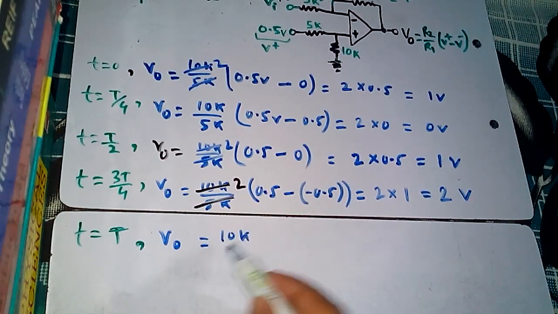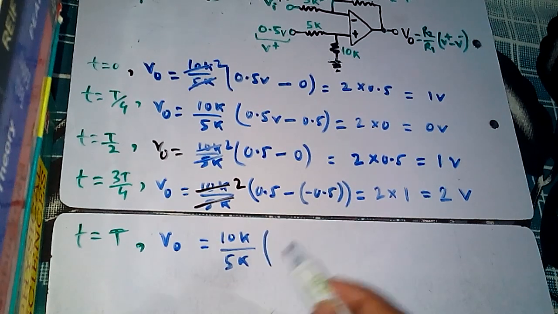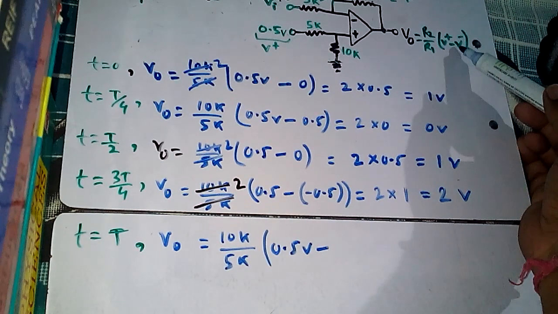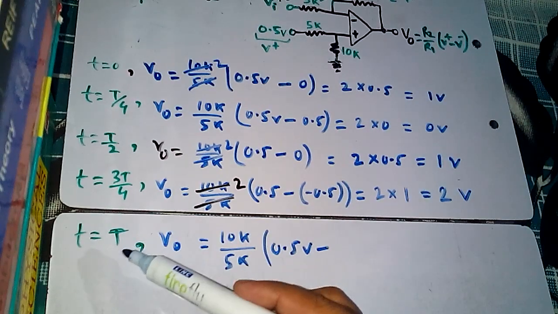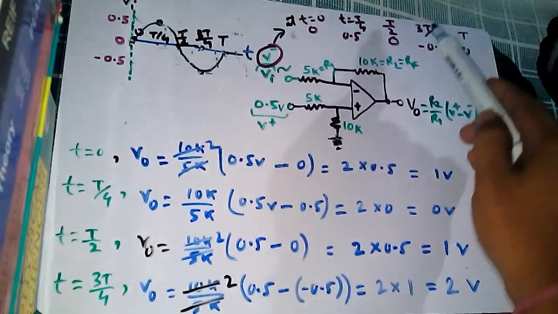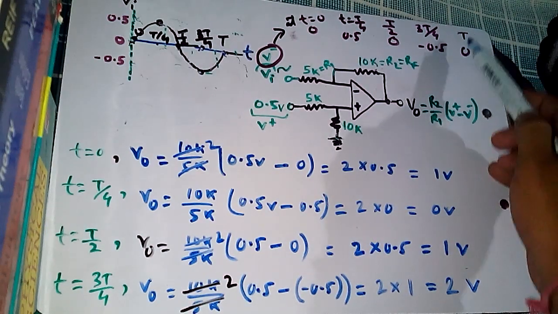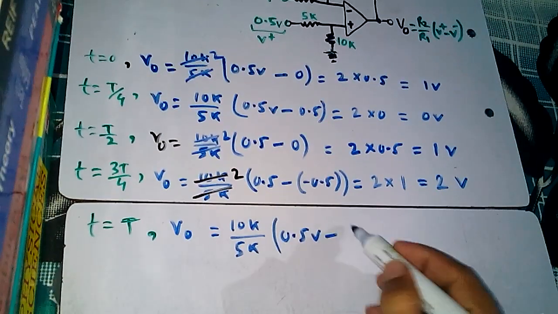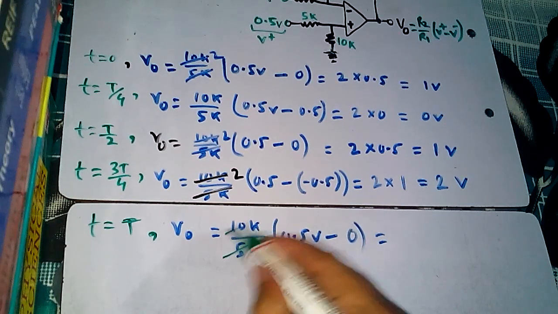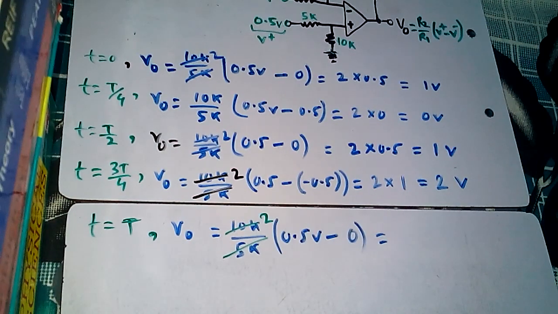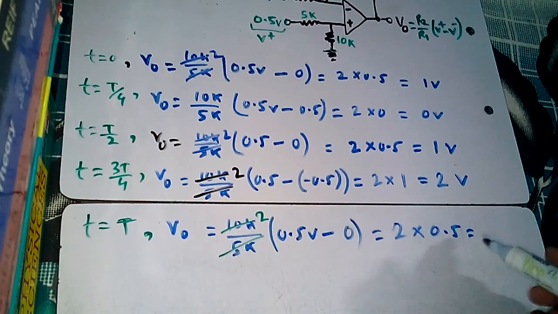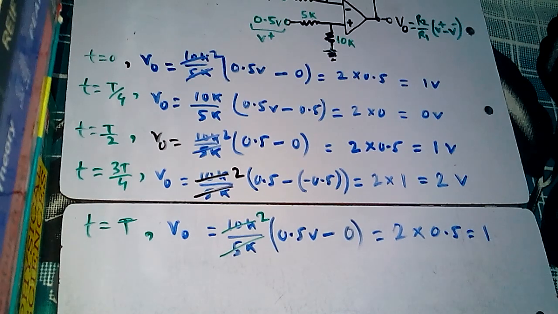So R2 by R1 is 10k ohm by 5k ohm into V plus, which is always 0.5 volt, minus V minus at t equal to capital T. At capital T the voltage is 0 again, so let's write down 0. They cancel to make 2 into 0.5, and it is 1 volt.